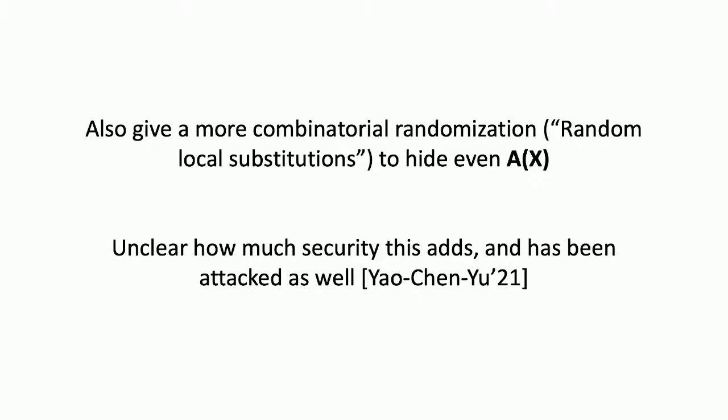But there was one follow-up work that attacked some version of our scheme also, so I'm not super confident that it does anything meaningful. At least I don't know how to reason about why it blocks attacks. But that's one thing you could try to do to make this more secure: look at the original transformation from function to matrix A as well.